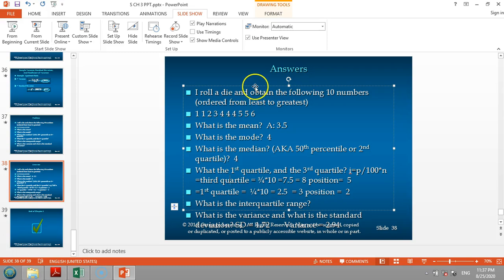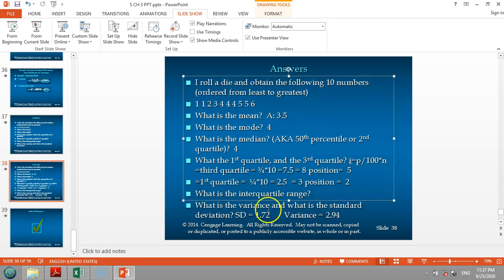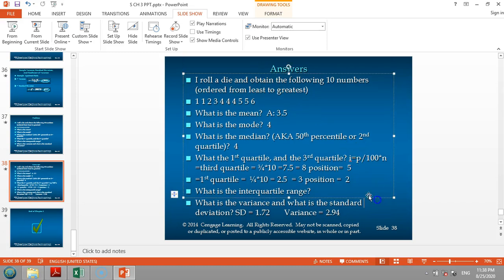What is the first quartile and the third quartile? Well, I have the formula here. For the first quartile, P is 25 over 100, which is 1/4, times n, which is 10, and 1/4 times 10 is 2.5. I round up, so the position is the third position.